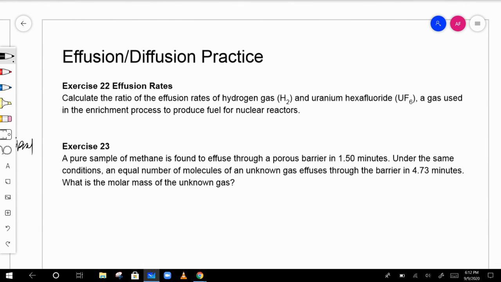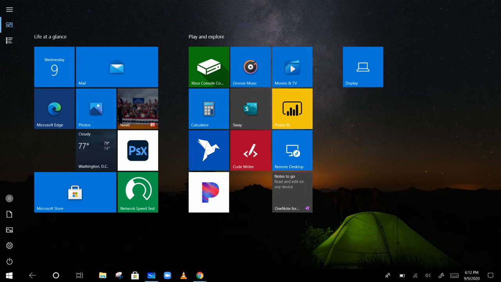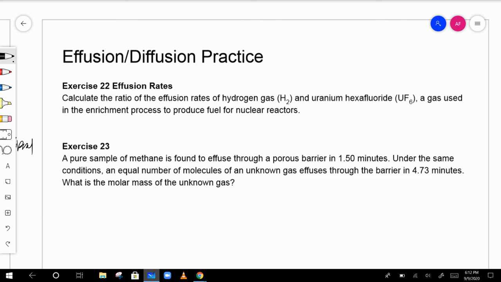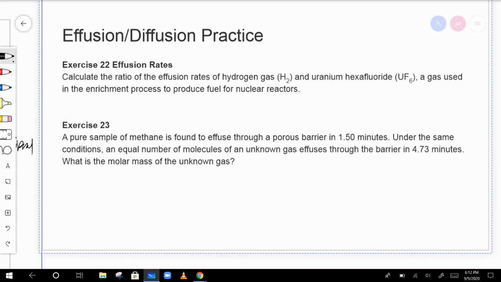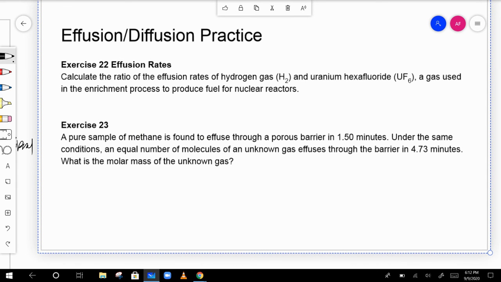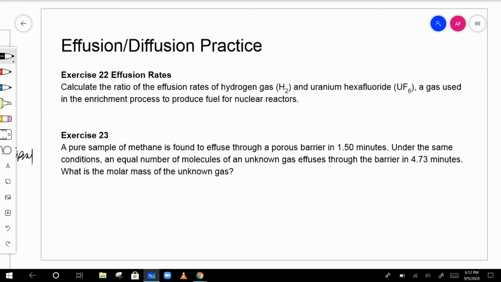So let's look at one of these problems. Calculate the ratio of effusion rates for hydrogen and uranium hexafluoride. I don't feel like doing that one. Let's do this one, because this one's tricky.